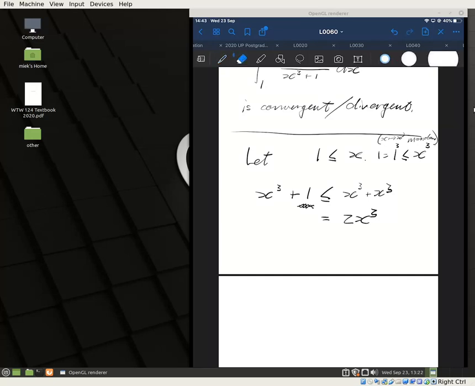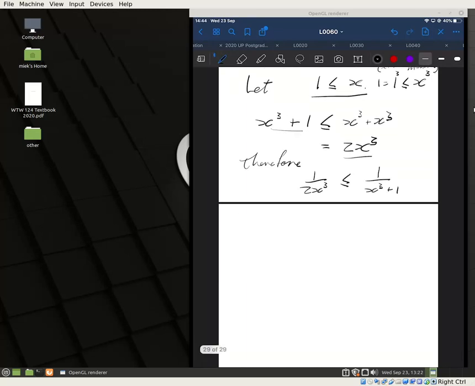Now since x is greater than 1, everything is positive, so we can see that 1 over 2x cubed is less than or equal to 1 over x cubed plus 1. All we did was take this inequality and cross multiply. Everything is positive, so the direction of the inequality does not change.